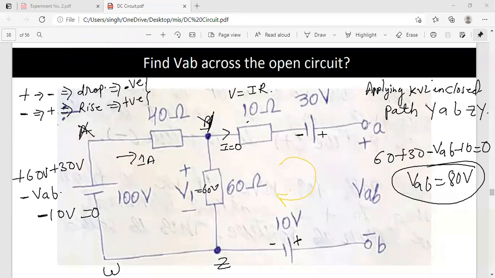Here is an open path where current cannot flow, so the entire amount of current will be 0, and the voltage drop will be 0. Did you get the logic? Yes, sir. Okay, so this is how we can approach a particular problem.